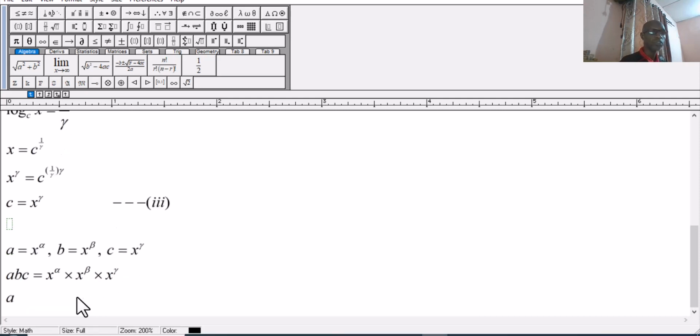Since the base is the same, we can add the powers together. That would be alpha plus beta plus gamma.